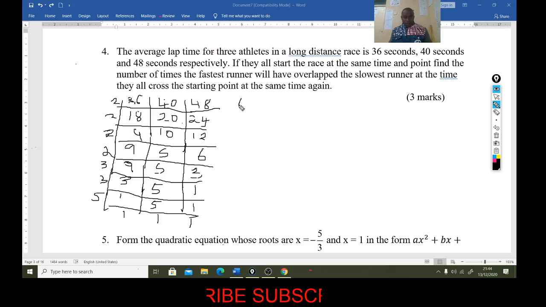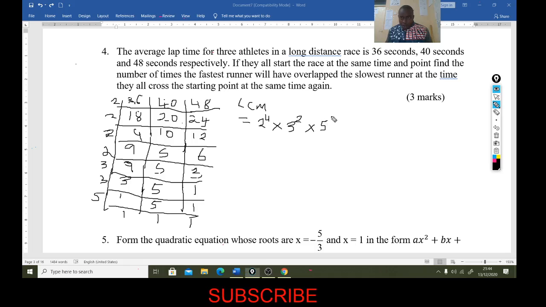Now the LCM will be equal to 2 power 4 times 3 squared, then times 5.